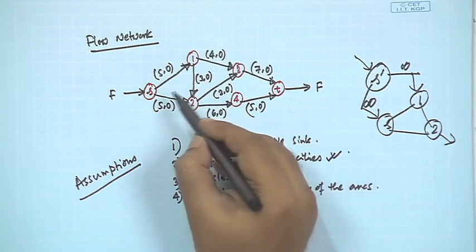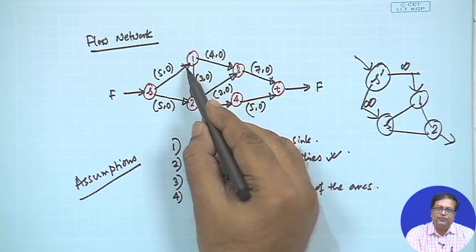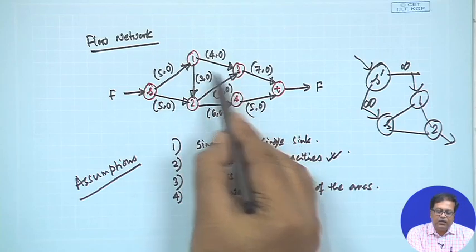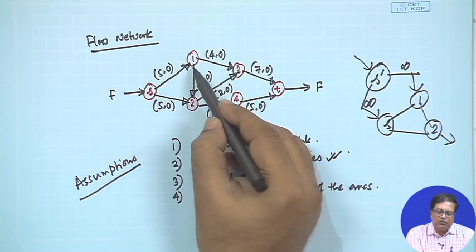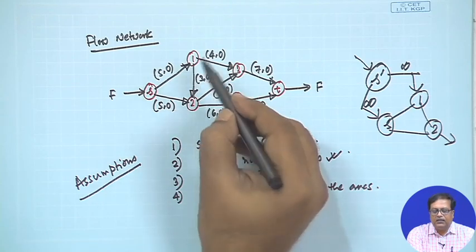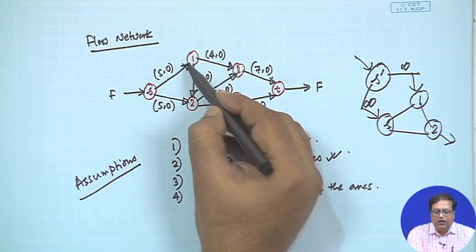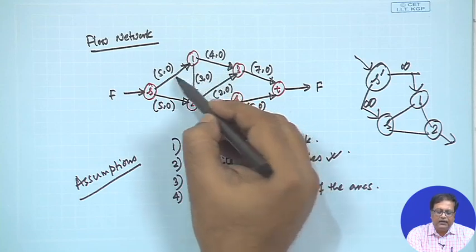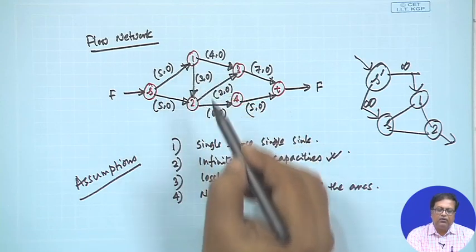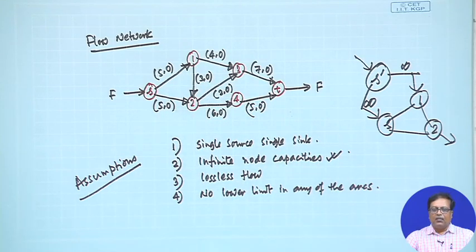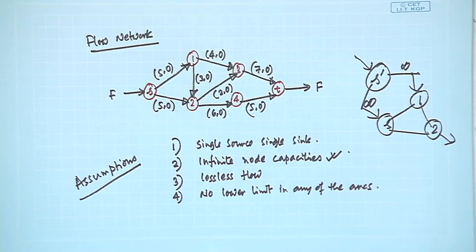The second one, the infinite node capacities. Look here, the flow of 5 is coming to 1 and a flow of 4 is going out of 1, or it can go here to 3. Now, the question is, if the node 1 cannot handle the entire flow of 5, what would happen then? It would restrict the amount of flow that is possible.